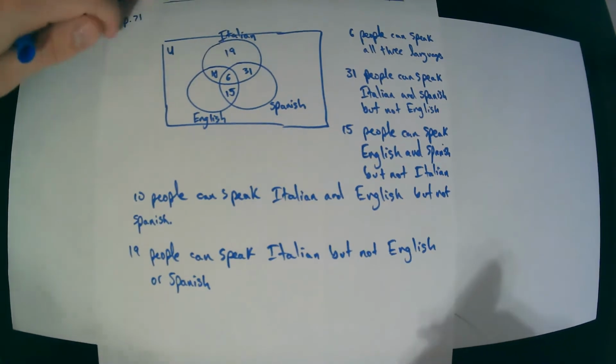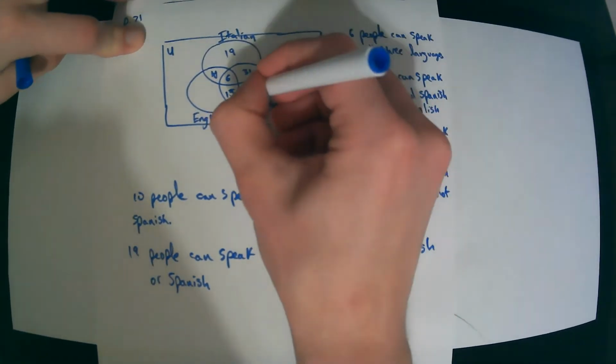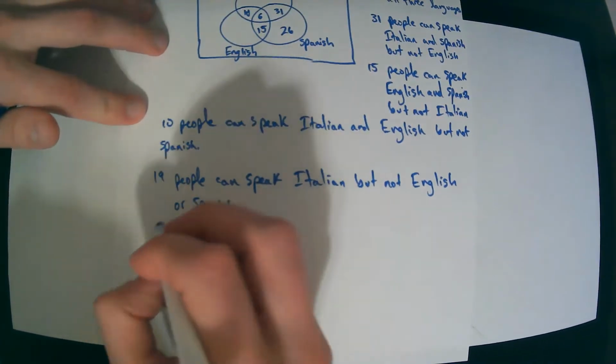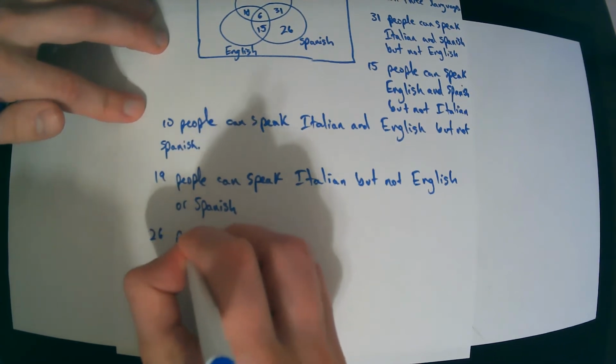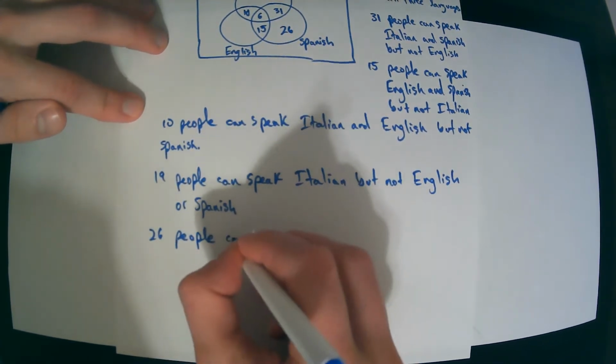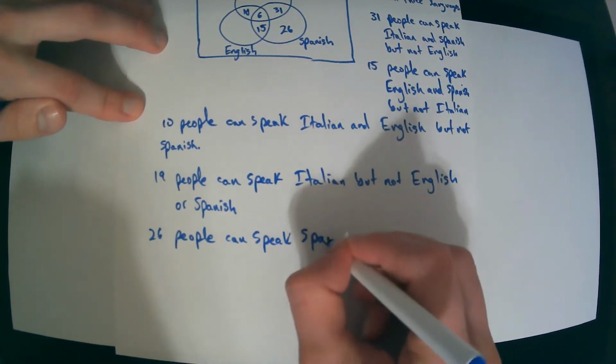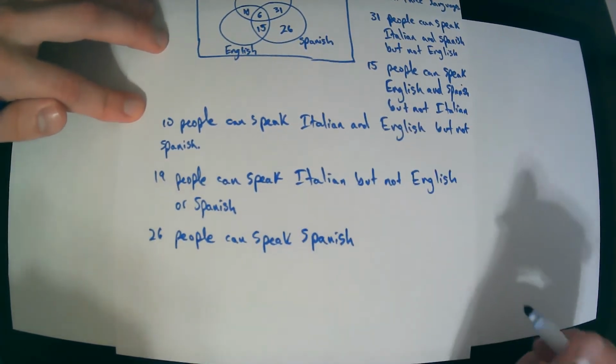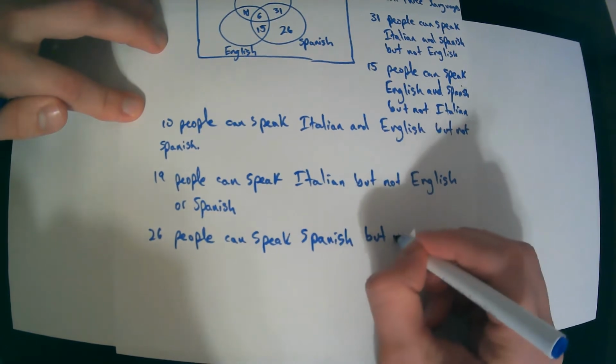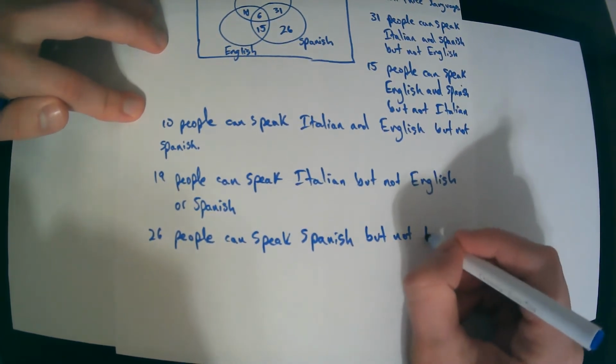They can only speak Italian. 26 people can speak Spanish, so this is how we interpret each of these spots, but not Italian or English.